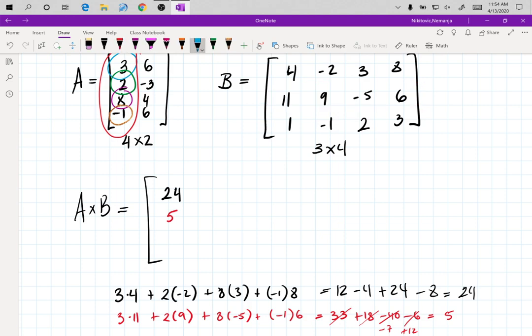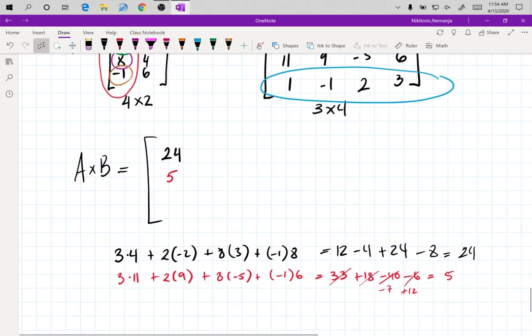Then we go here. 3 times 1. 2 times negative 1. 8 times 2. And negative 1 times 3. That gives me 3.